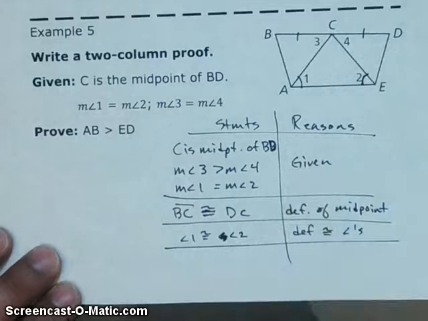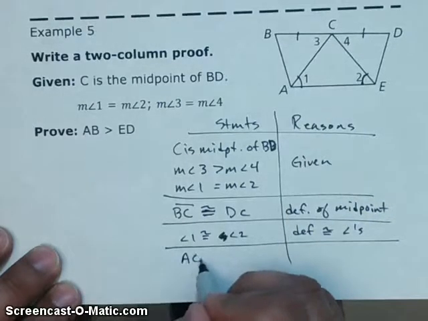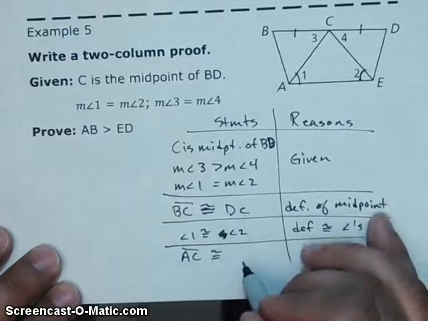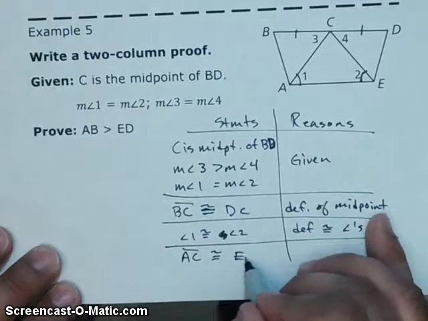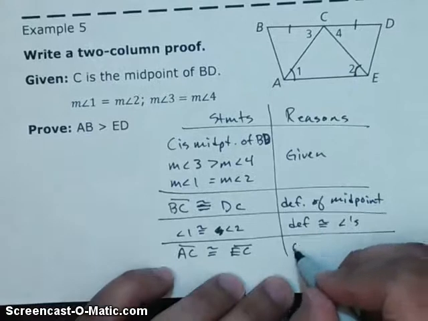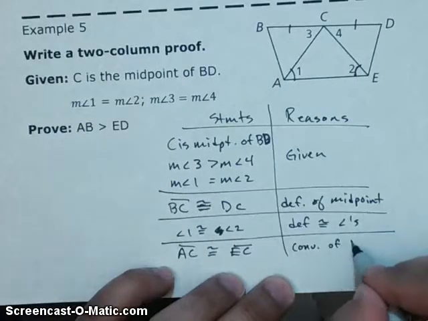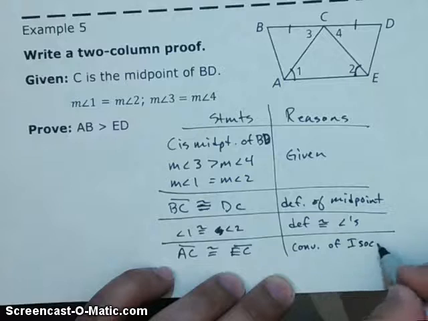Right, 1 is congruent to 2, which then means that segment AC is congruent to segment EC. Right, and that's going to be the converse of the isosceles triangle theorem.